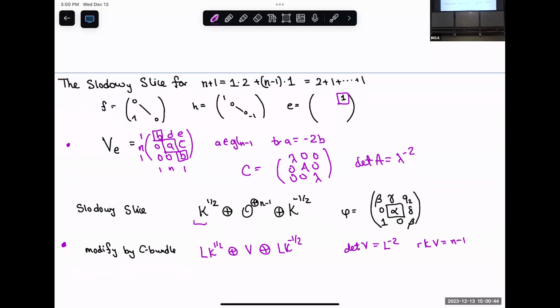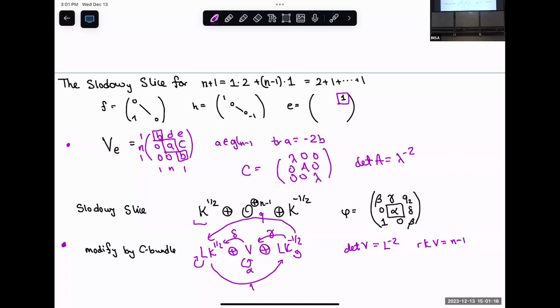And now I'm just going to write it more symbolically. This map alpha is a map from V to itself twisted by K. The 1 is a map here, which goes from LK^(1/2) to LK^(-1/2) twisted by K. And then there's these betas. Then there's this delta, this gamma, and then the last guy in the upper triangular bit is a quadratic differential.